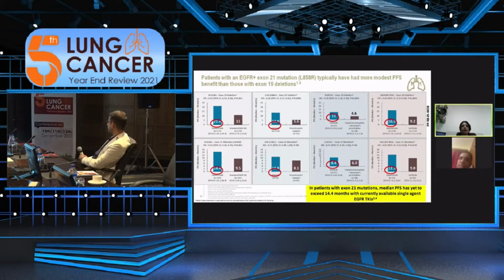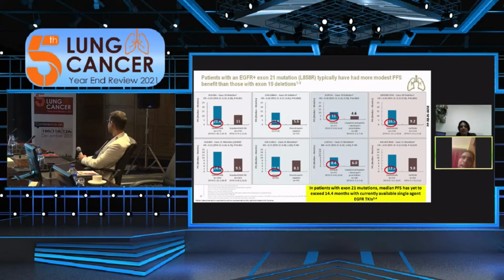You have it in front of you right now, wherein you're seeing exon 19. This is a very frequently visited slide, exon 19 versus L858R. And you have the numbers in terms of what FLORA did, what ARCHER did, and what we have for RELAY. So thoughts on that from both of you?